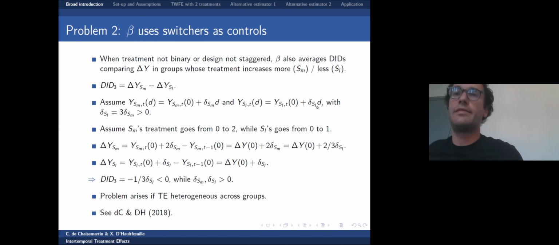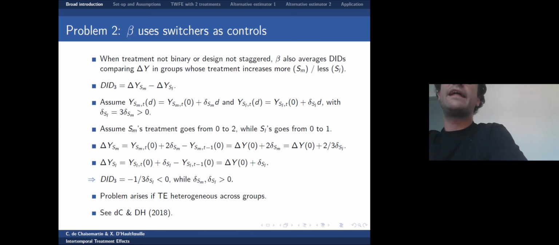And I'm going to assume that the treatment effect is larger for the switching less groups, actually 3 times larger than in the switching more groups, but both groups have a strictly positive treatment effect.